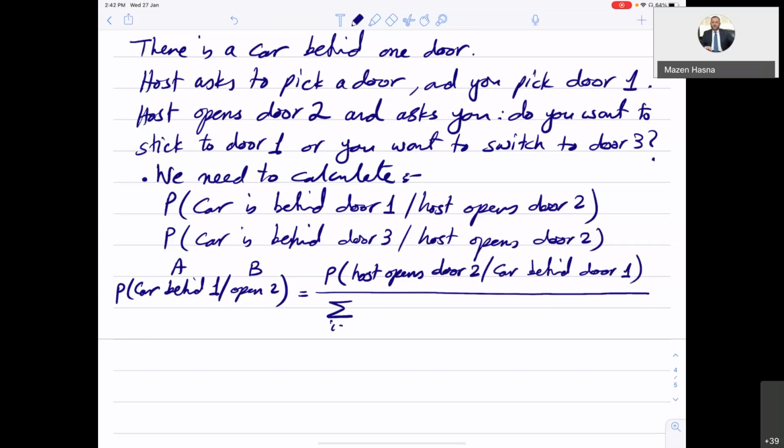Divided by the sum over i equals 1 to 3. No, we'll follow the rule directly: the probability that host opens door 2, given that the car is behind door i, times the probability of car behind door i.